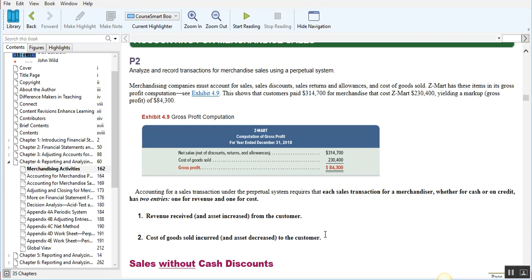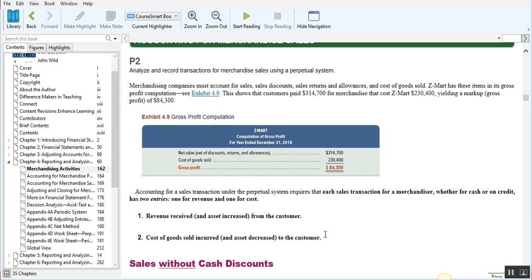Now, when we sell the merchandise, we're going to deal with many of the same issues, but we're going to be on the other side of the coin because we're selling these to our customers. Many times we will sell these on credit to our customers and offer them a discount similar to the discount we received.